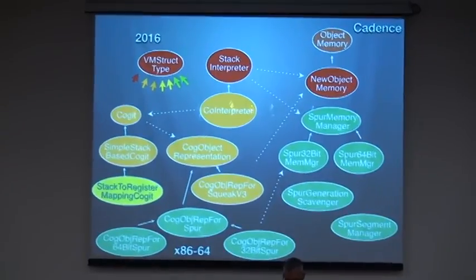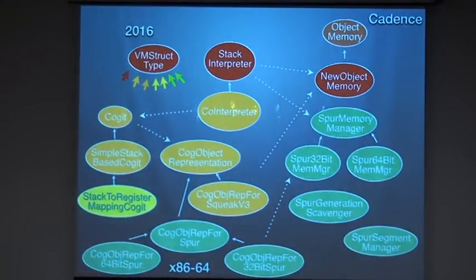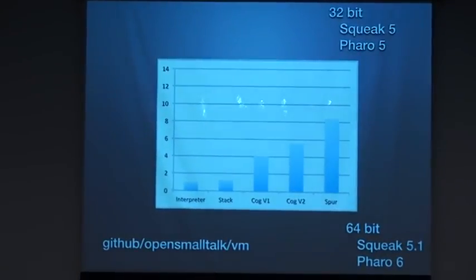And that is released as Squeak 5.1 in 64 bits, and Pharo 6 is in preparation.